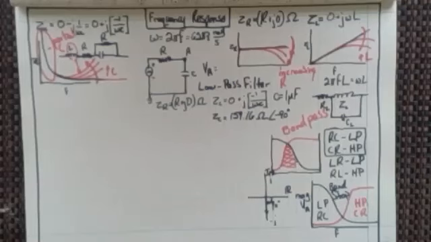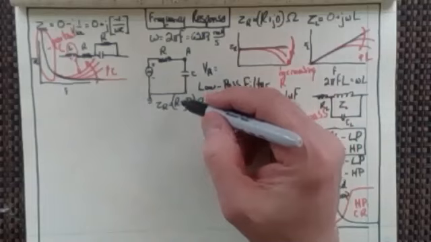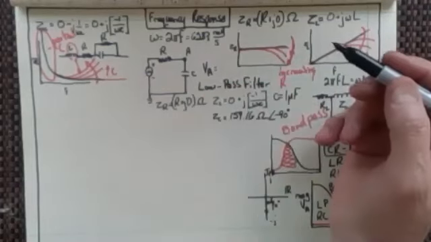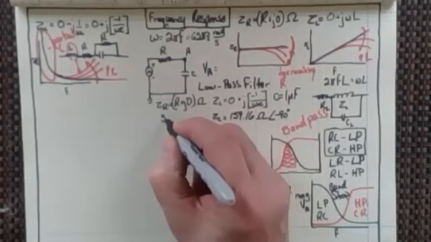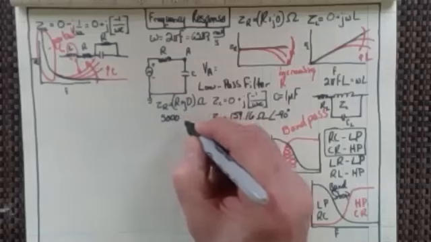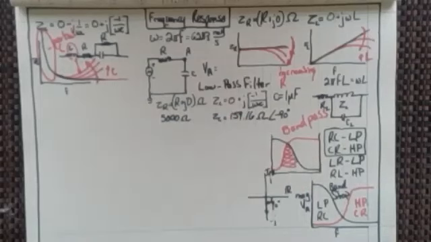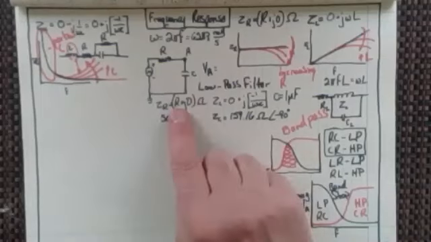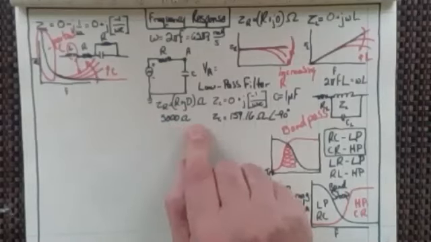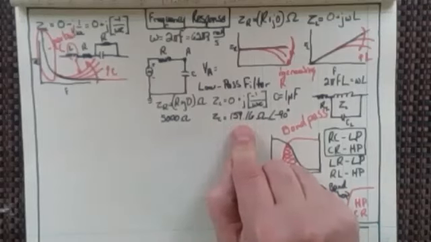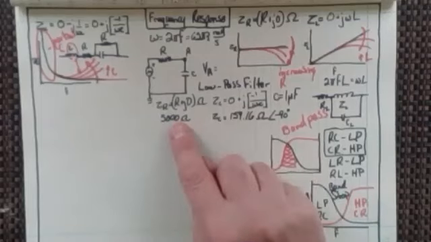And then let's say that the resistance here is 5,000 ohms, right? So we can see that at 1,000 hertz, the resistive aspect would really be the greater, because 5,000 squared plus 159 squared taken to the square root is going to give me 5,000.